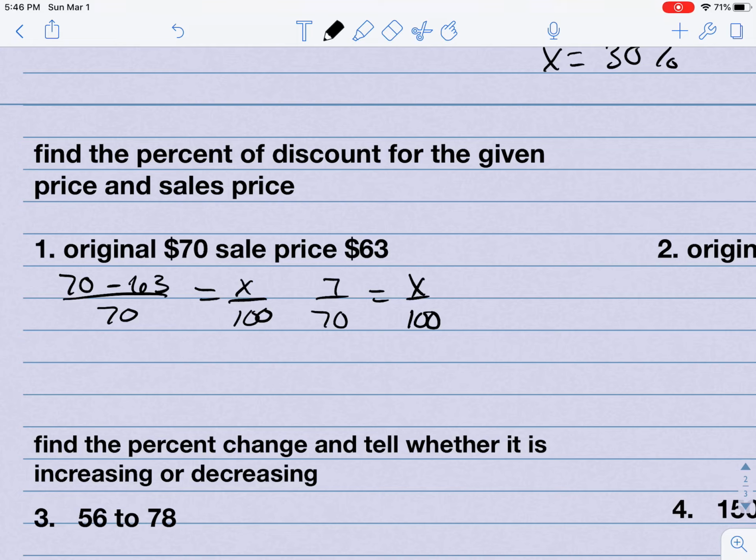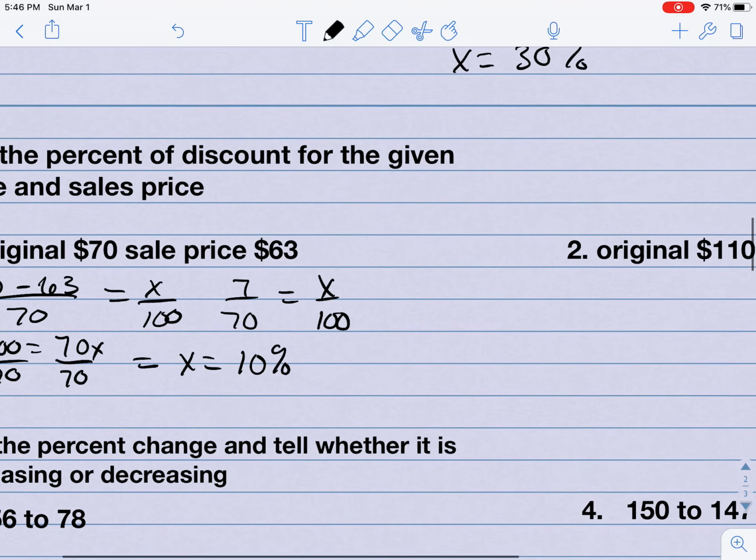When you take the cross product, you get 700 is equal to 70x. We divide by 70, the coefficient, and we get x is equal to 10%. And we know that that's a decrease.